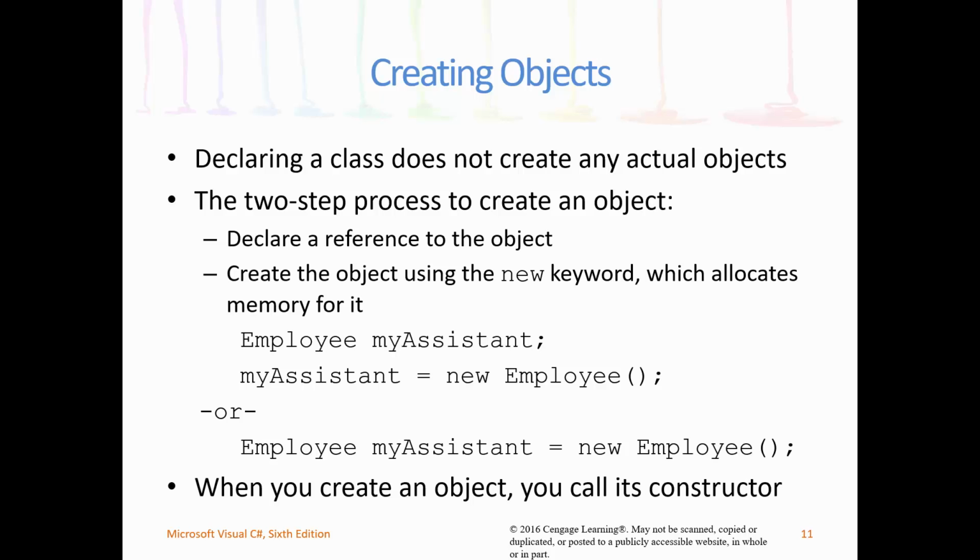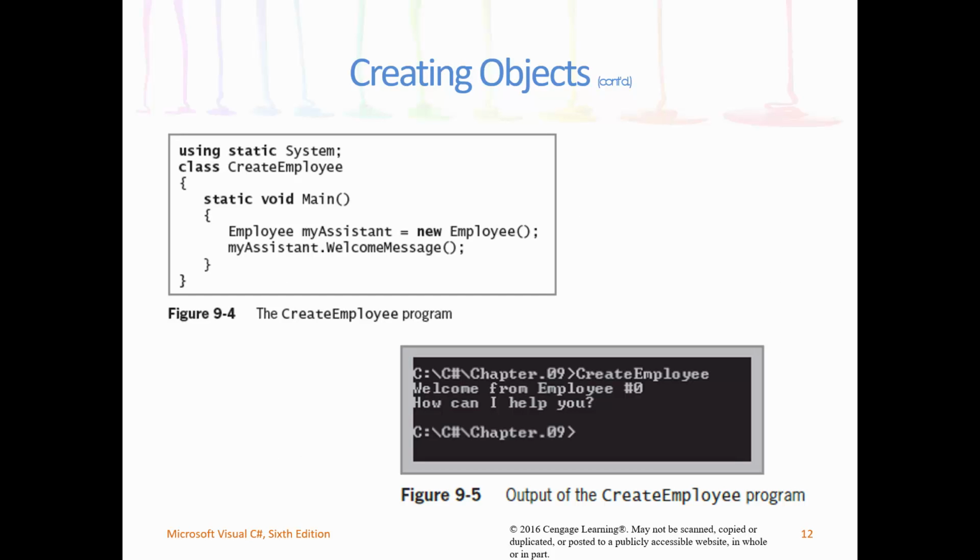So what we're doing here is creating a new object of the employee class that's called my assistant. What that call on the right-hand side of the equal sign will do is call the class constructor. The class constructor is a special method that gets called whenever you create an object. It's got the same name as the class itself. If you do not create your own constructor, one gets created for you.